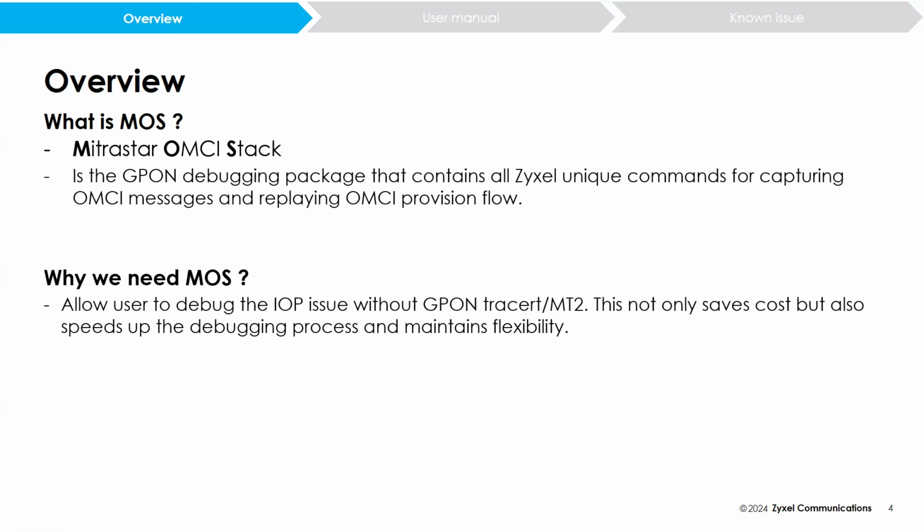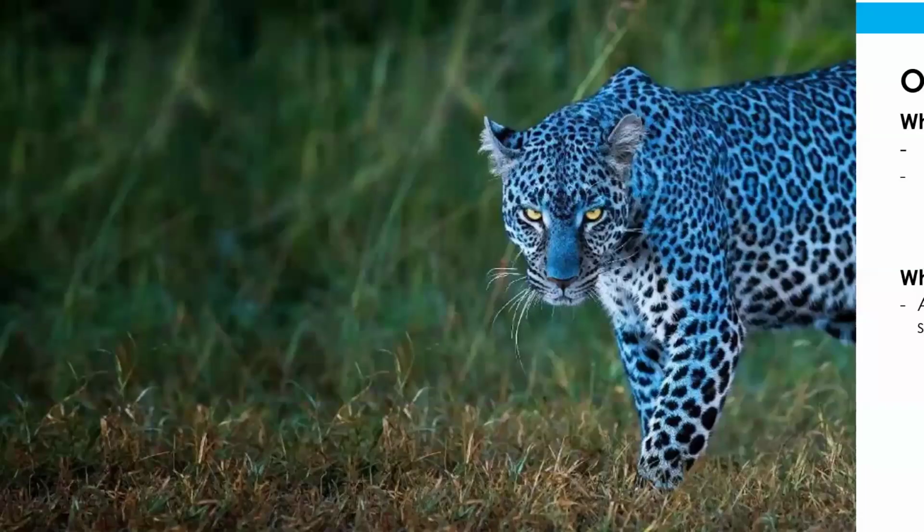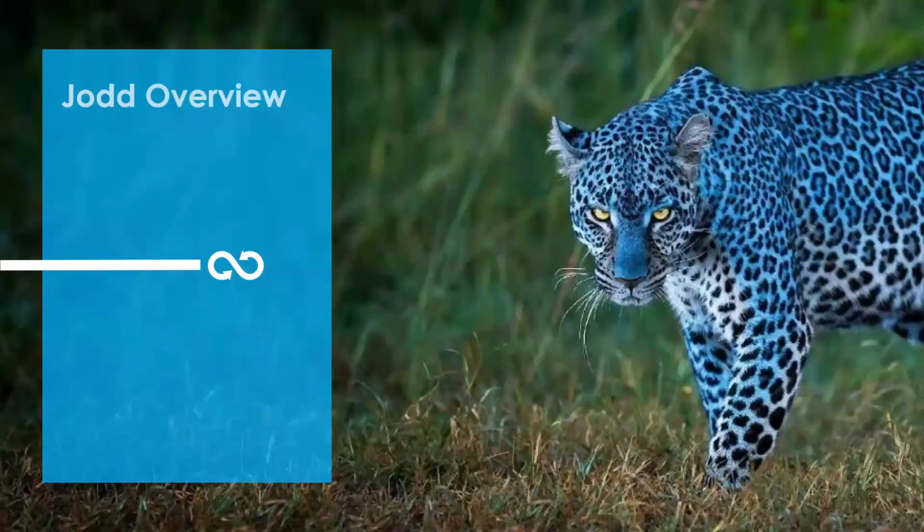The benefit of the MOS command is that it can not only save cost, but also help us speed up the debugging process and maintain flexibility. However, as we already know, the output of the MOS packets we get from the MOS command is quite hard to read.